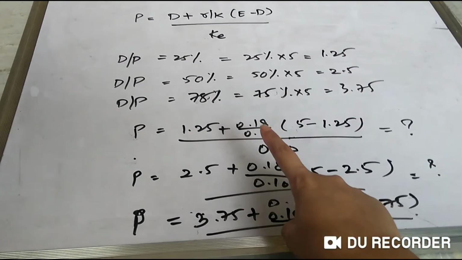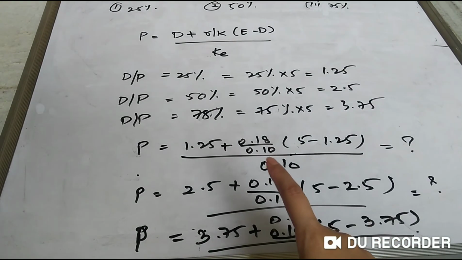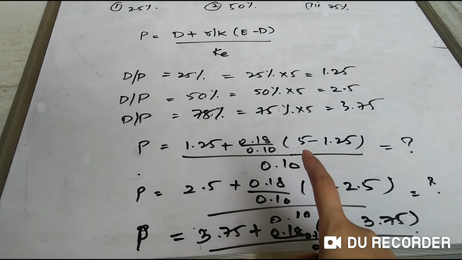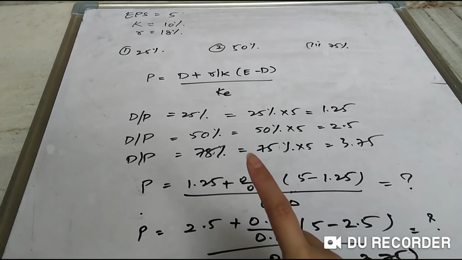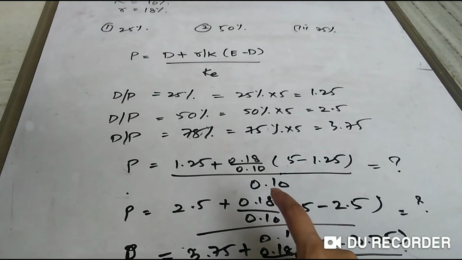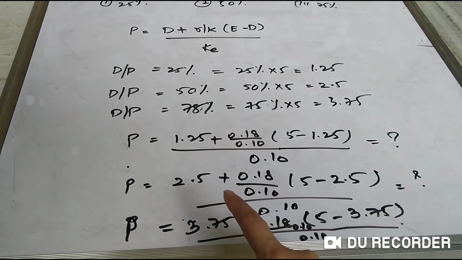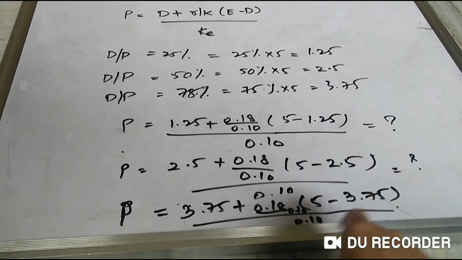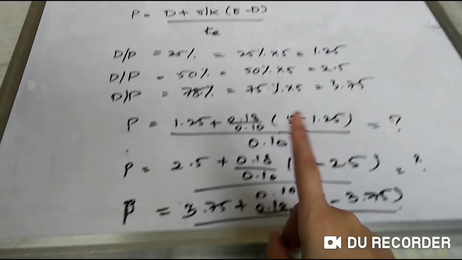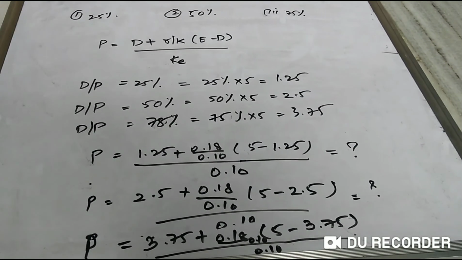So 1.25 first, plus 0.18 already fixed in the problem, R, divided by 0.10, your K is also fixed, into your earnings per share, you know E, 5 minus 1.25, your dividend, divided by 0.10, your answer. Second one again 2.5, same thing repeated. Third one also same thing. So you solve this problem and tell me the answer. If you can't do it, we'll do it tomorrow.